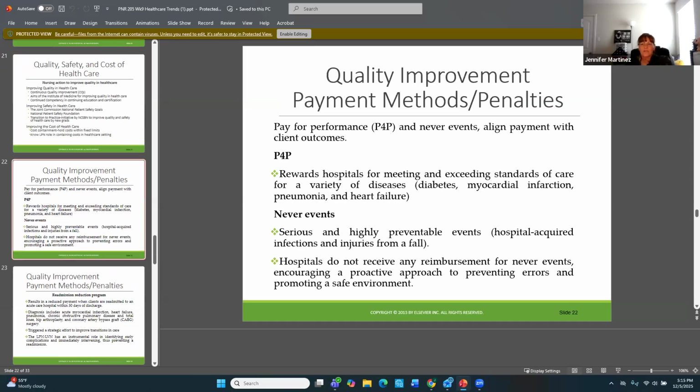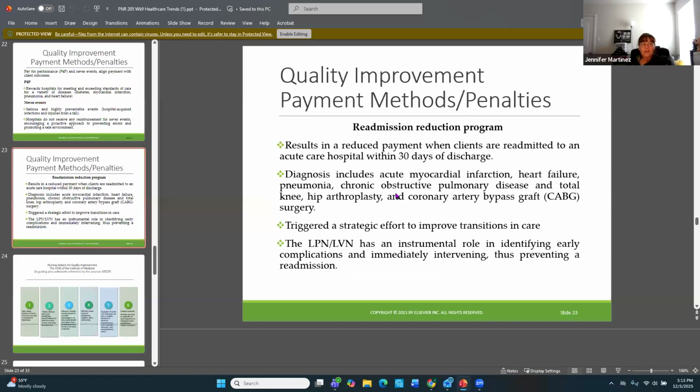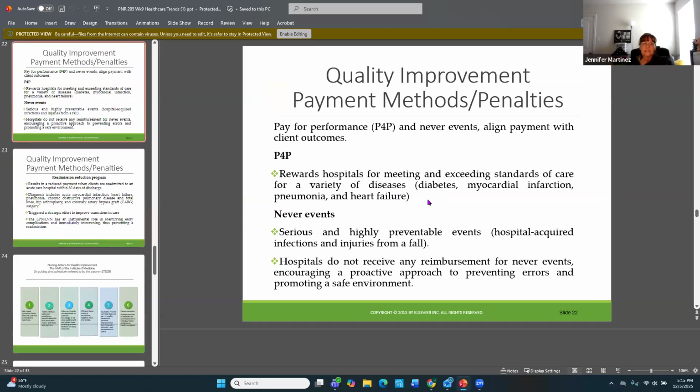Other things with quality improvement, payments and penalties, which will always be an issue. The pay for performance and never events align payment with client outcomes. So the pay for performance rewards hospitals for meeting and exceeding standards of care for some of those high cost diseases like diabetes, heart attacks, pneumonia, heart failure.